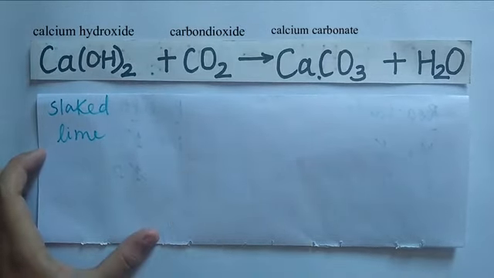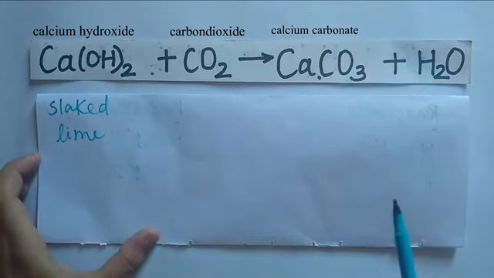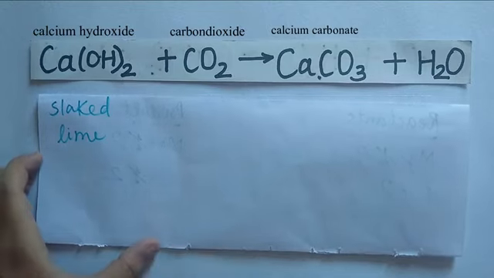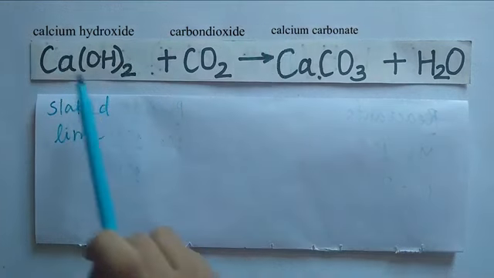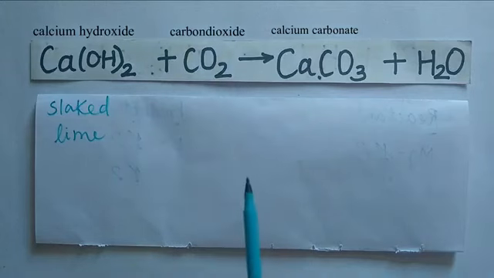Now, the calcium hydroxide, which is reacting with the carbon dioxide, forms a thin layer of calcium carbonate on the walls. Now, what exactly am I talking about? I'm talking about something called whitewashing that we do on our walls. Alright? So, for whitewashing, we need Ca(OH)2 to react with carbon dioxide to give us this layer, calcium carbonate, on the wall.